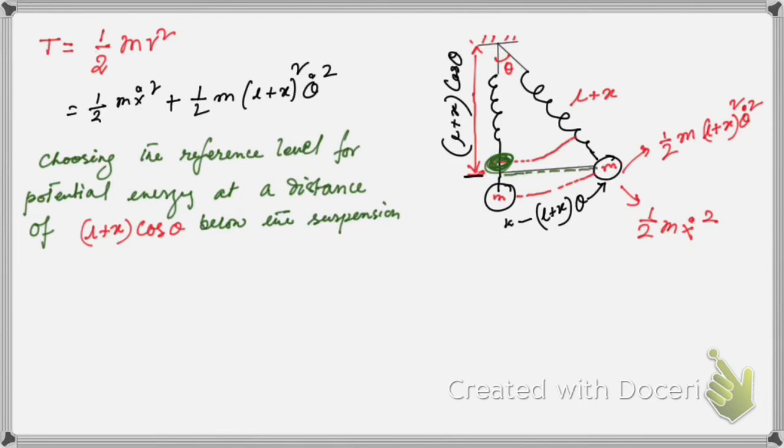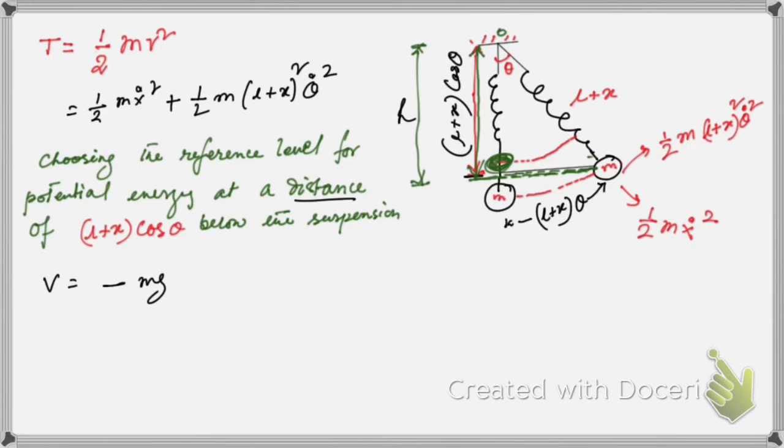Here the potential energy at the distance L plus x cos theta will be given by this. We have considered this as the reference level for potential energy. Then, we know potential energy is m g h, here h is L plus x cos theta.